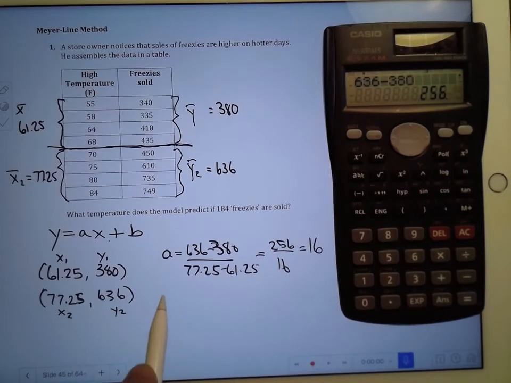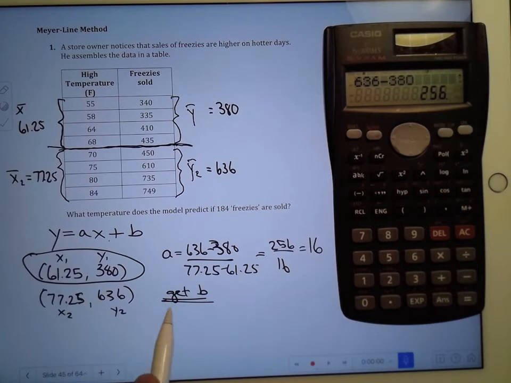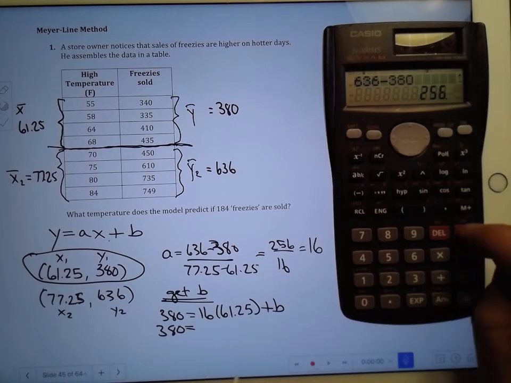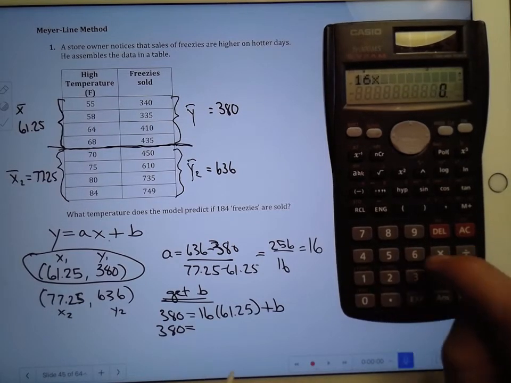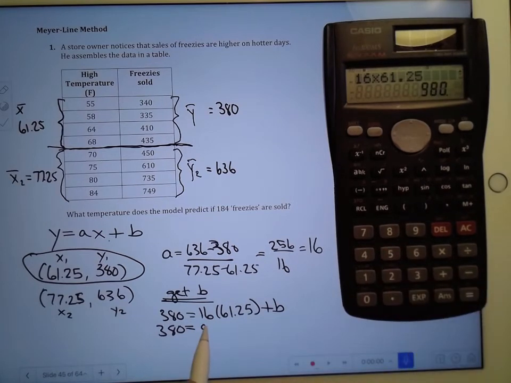We've got to get the B now. I'll pick one of those ordered pairs, plug that into the equation. So 380 for the y is equal to A, 16, times x, 61.25, plus B. 16 times 61.25 is equal to 980.